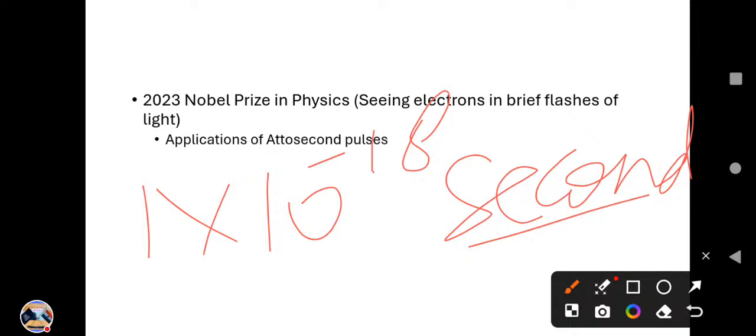What were the previous limitations in generating attosecond pulses of light? Until the 1980s, scientists could produce femtosecond pulses, but technology limitations prevented shorter pulses. However, studying electrons required even shorter pulses.